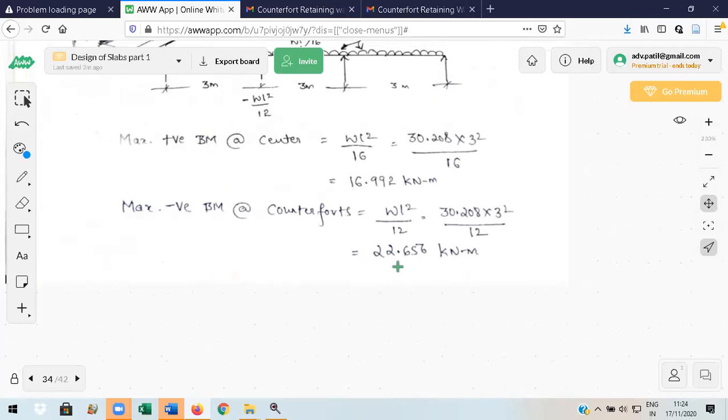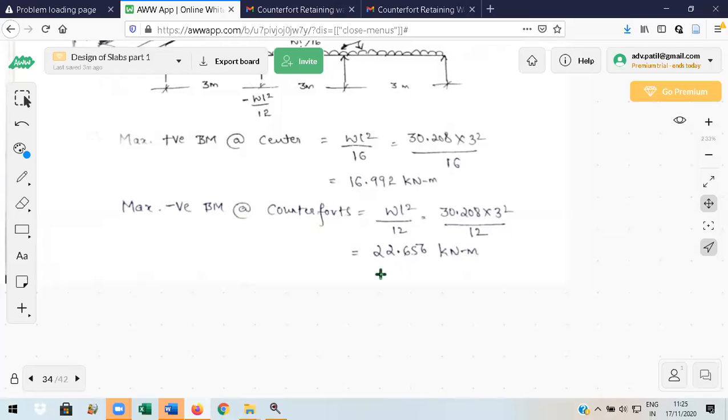The same steel should be provided in the sagging or hogging sections. When sagging is there, you have to see where the tension zone is. When hogging is there, where is the tension? Only in the respective tension zones do you have to provide the reinforcement, but the steel is calculated using only one moment. Whichever value is higher, that value should be taken to calculate Ast.